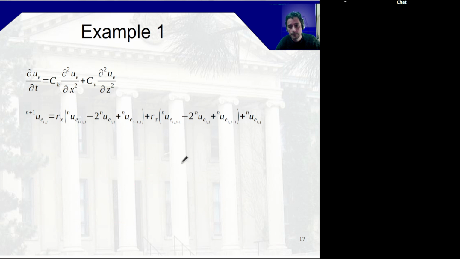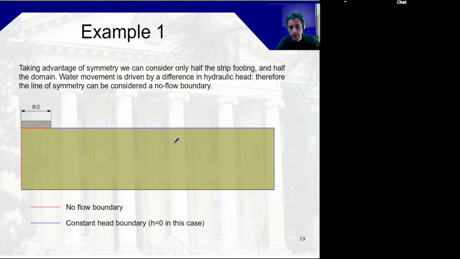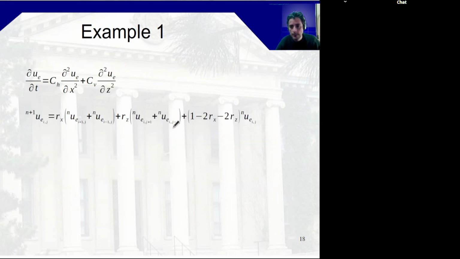Okay? That's the difference in this configuration compared to what we had before. If R is constant because CV equals CH, it means that 1 minus 4R must be larger or equal to 0, so R must be smaller or equal to 1/4. So always keep that in mind when setting up your problem.